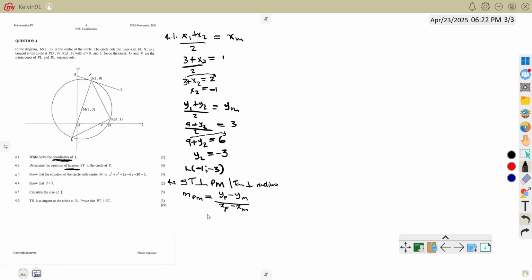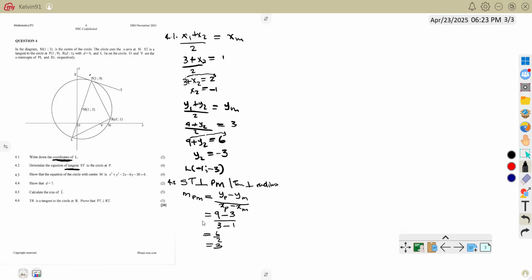So it means this will be equal to y at P, it's 9, minus y at M is 3, all over x at P is 3, minus x at M, which is 1. If you check, you can just trust your calculator, punch that. So it's going to give us 6 over 2, which is equal to 3.